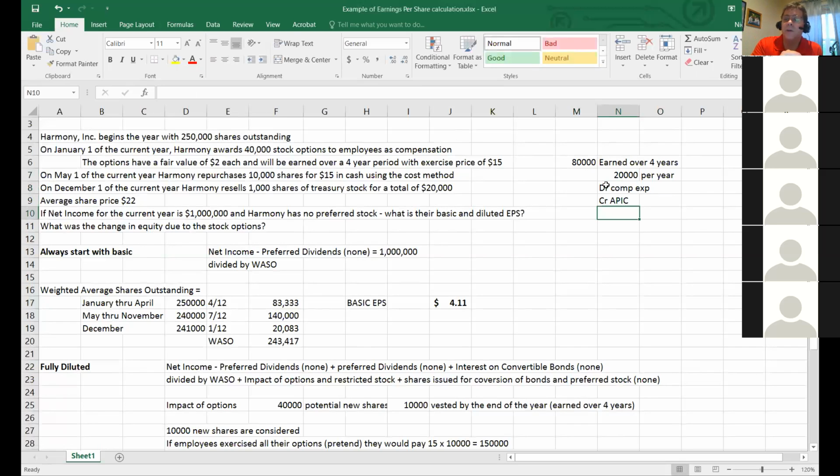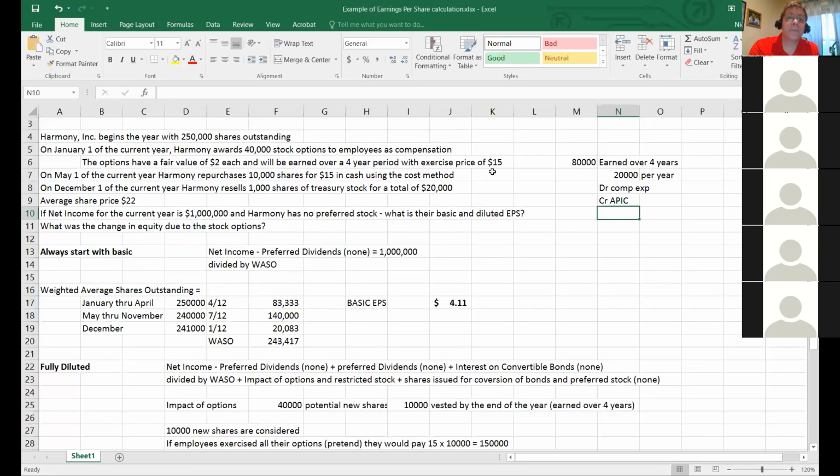So the year that they first got them, they would earn the 1 year. If you gave it to them halfway through the year, then the first year they would only earn half of that $20,000. Just like any other, we could break it down by how much time of the year they had those or earned for that year. So that's one issue, and that would affect additional paid-in capital, right? That would be a change in our stockholders' equity.